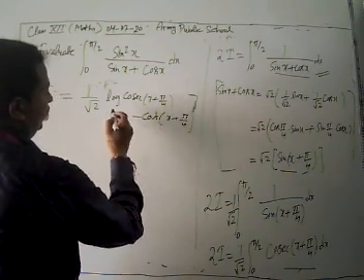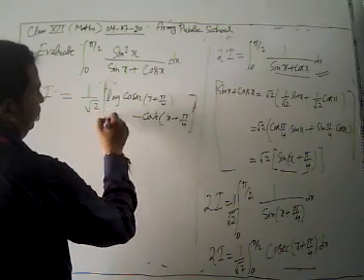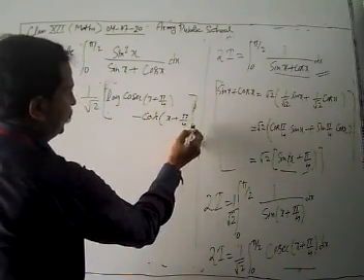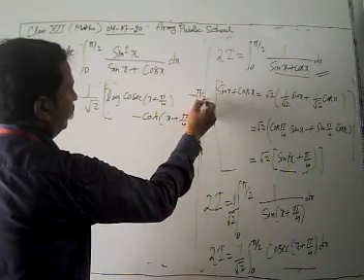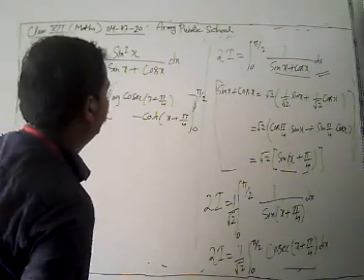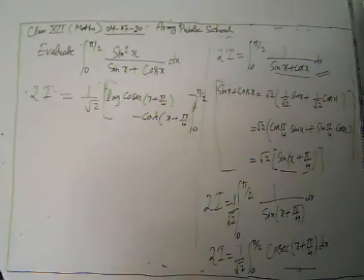Now we are going to put in our limits. What is our limit? 0 to pi by 2.